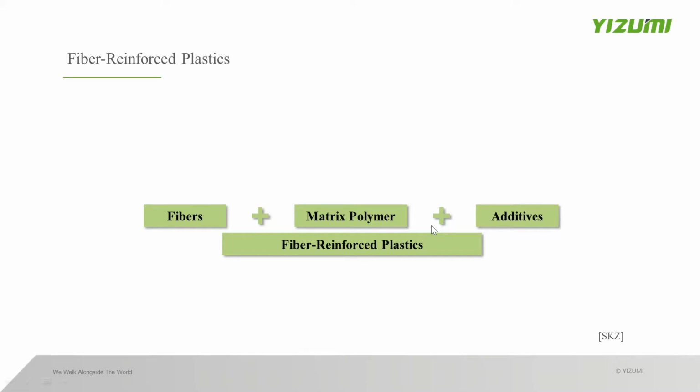So maybe you can see on this page, somebody may ask me, what is fiber reinforced plastic? You can see here the 3 components of fiber reinforced plastic. The first one is fiber. The second one is polymer, the plastic, and we need to add some additives.